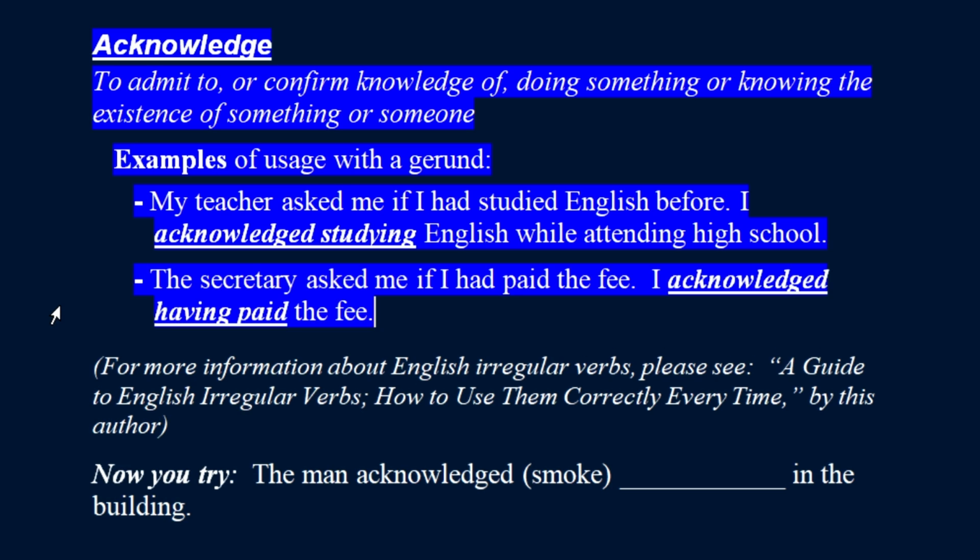Another example. The secretary asked me if I had paid the fee. I acknowledged having paid the fee. Now you try. The man acknowledged (smoke) in the building. The man acknowledged smoking in the building.